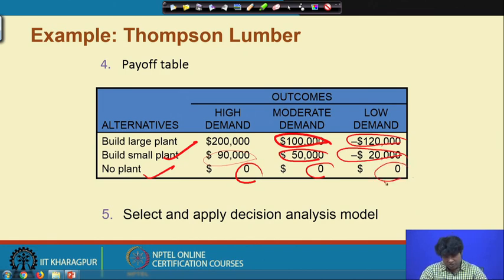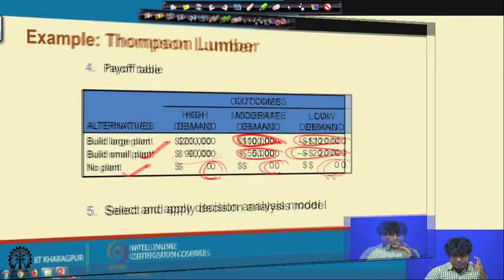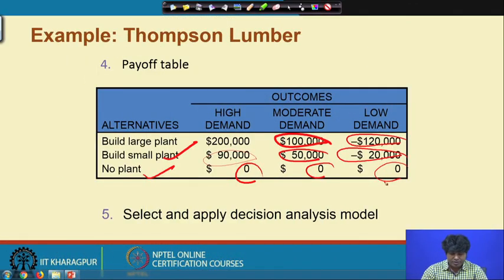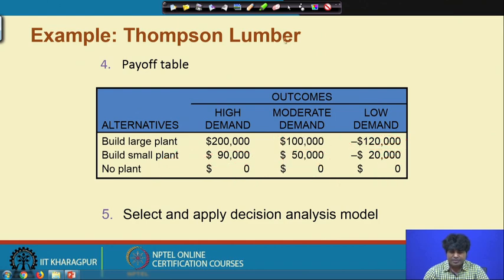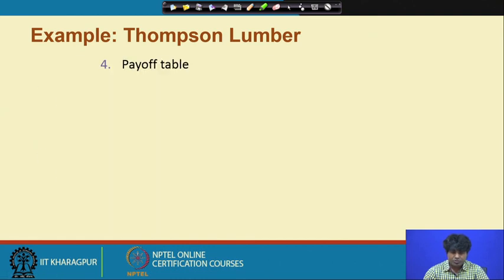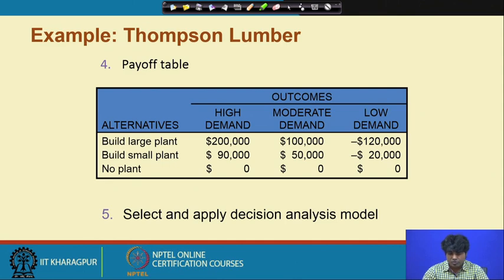So, for each alternative we have the outcome, and these outcomes are available at high demand, moderate demand and low demand. Finally, we like to select and apply a decision analysis model. Corresponding to this payoff matrix and the objective which we have fixed here, we can see what the final outcome should be. With 3 alternatives and 3 different heads like high demand, moderate demand and low demand, we have 9 different outcomes.